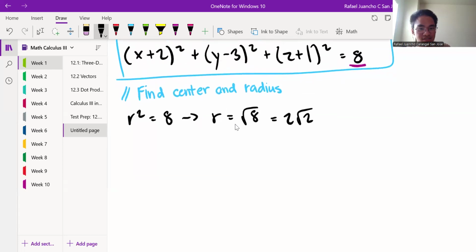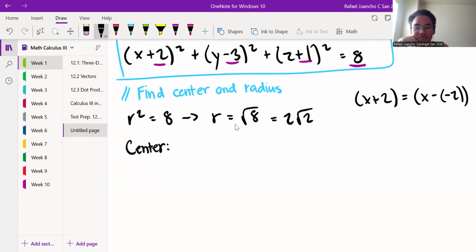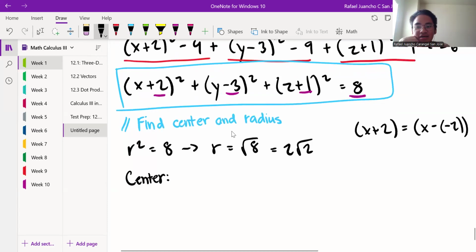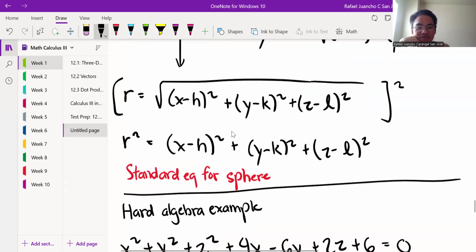And then the center, well, it's these things. But no, this is a plus, right? So just a tip, this is the same as x minus negative 2. And we want it to be in that format because here it's looking for negative.